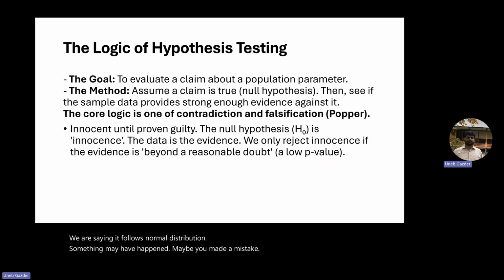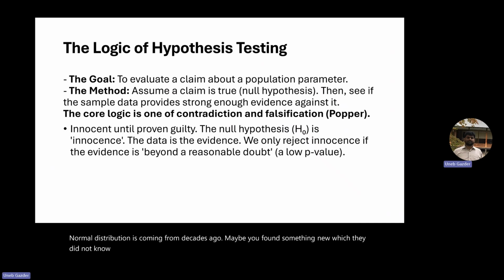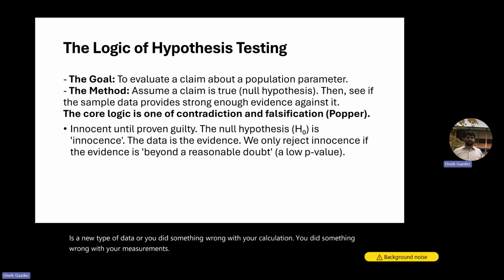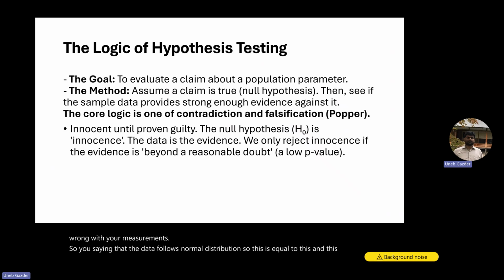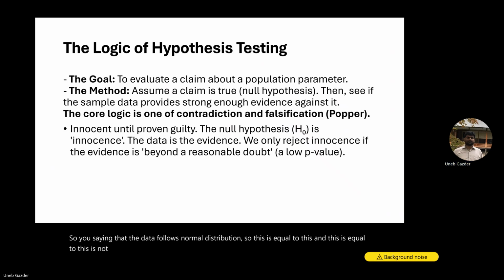Maybe your data is very special. It has never been tested before. Normal distribution is coming from decades ago. Maybe you found something new which they did not know. The data does not follow normal distribution. Maybe it's a new type of data. Or you did something wrong with your calculation, you did something wrong with your measurements. So you saying that the data follows normal distribution, so this is equal to this and this is equal to this, it's not enough.